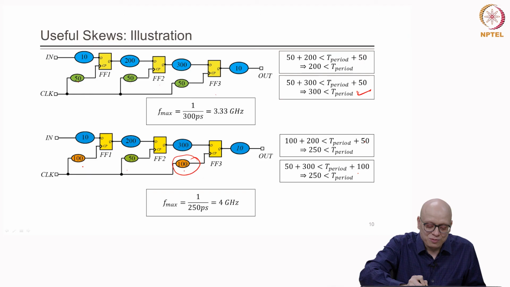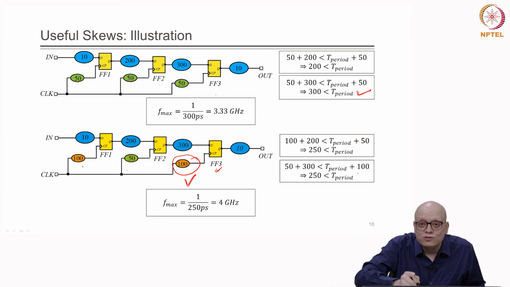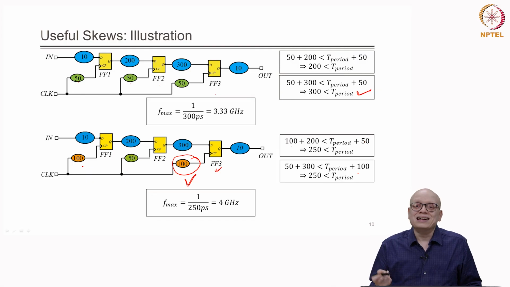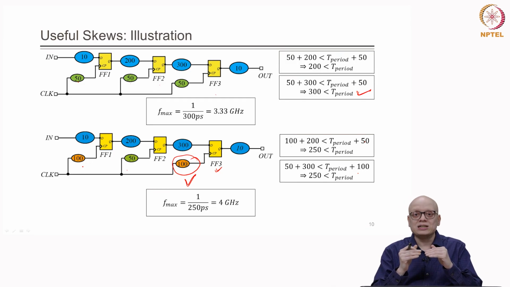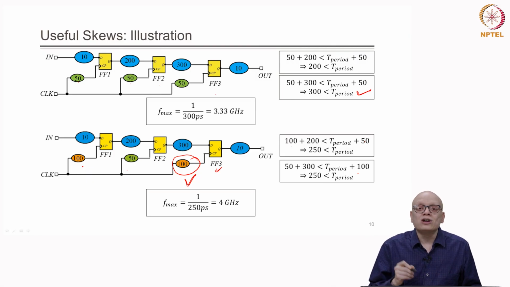For example, if we increase the delay of this circuit element from 50 to 100, then the clock is reaching the capture flip flop later, and therefore FF3 is more likely to have a hold violation than earlier. So, while improving the setup requirement of our circuit, or improving the maximum operable frequency, we should be careful that a hold violation does not get introduced because of clock skewing.